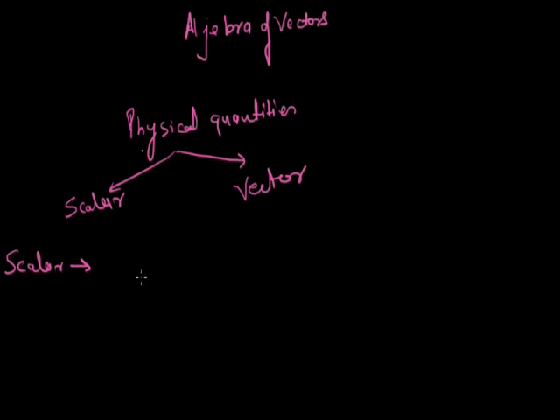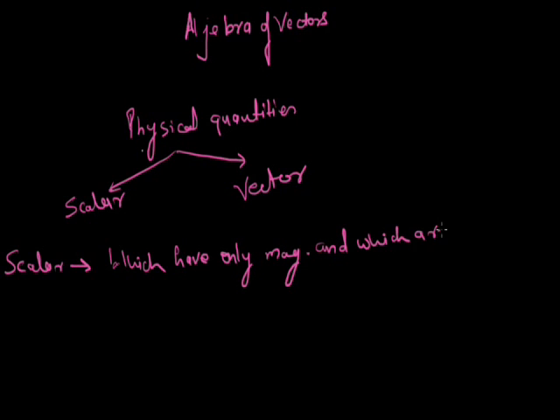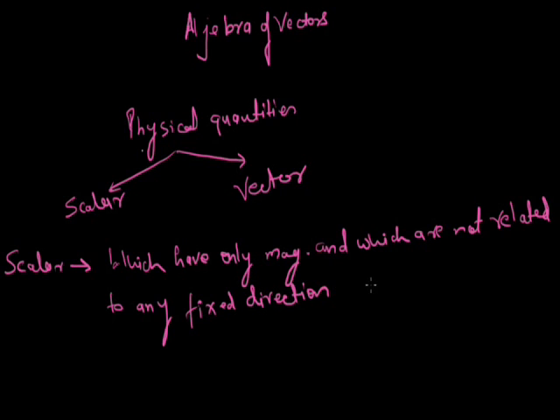First, define the scalar quantity. A scalar quantity has magnitude but not direction; it has only magnitude and is not related to any fixed direction in space.